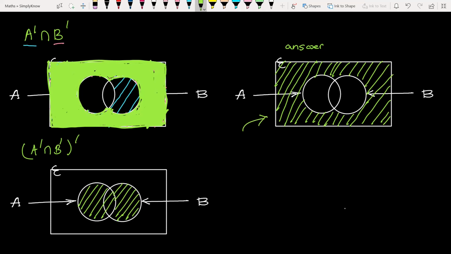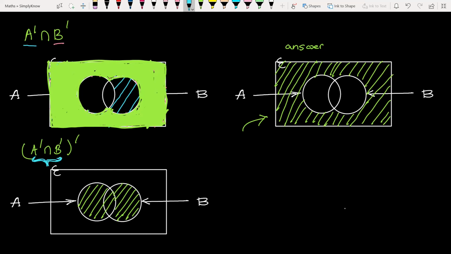Now remember here, first of all, identify A complement intersection B complement region. Then to shade the complement of this region, you need to shade the opposite of A complement intersection B complement.